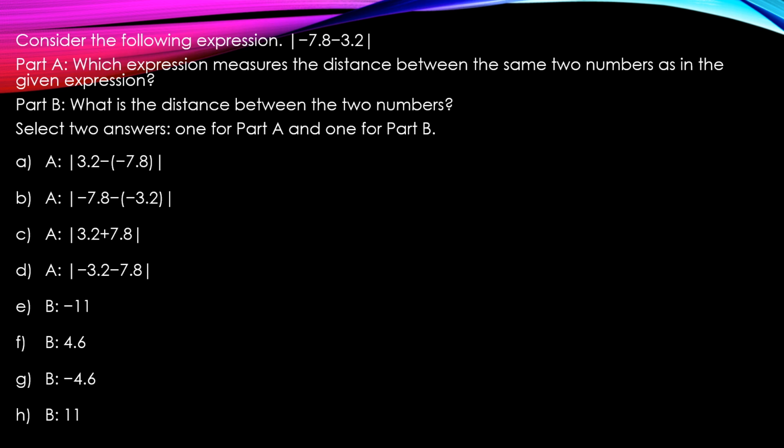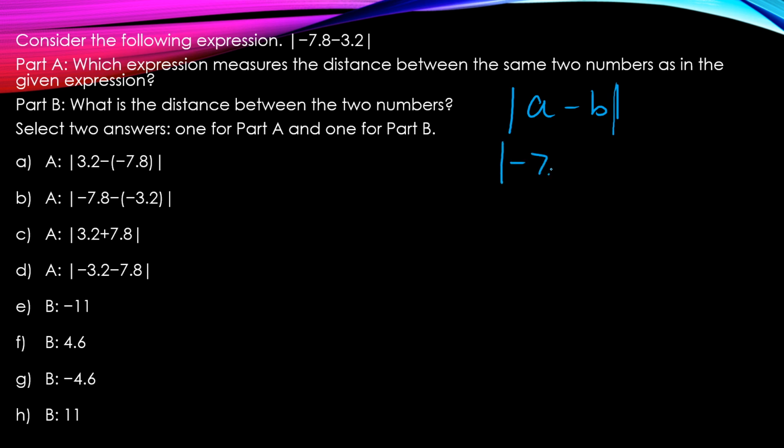We want to select two answers, one for part A and one for part B. To figure out which expression correctly measures the distance between these two numbers, remember that in your distance formula, A minus B, the minus sign in between them is not attached to your B. B can be positive and we can still have this minus sign. The subtraction sign is literally just the subtraction sign.